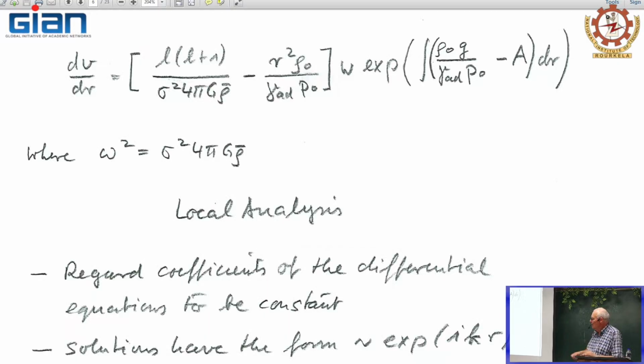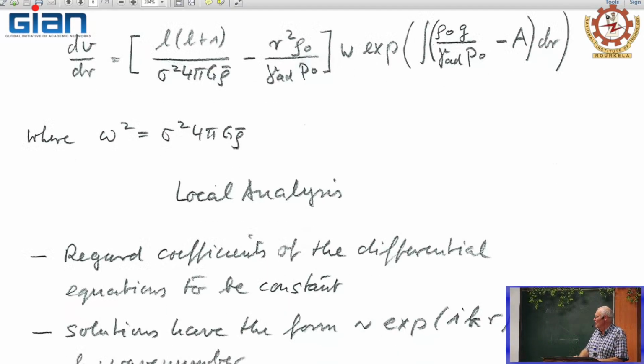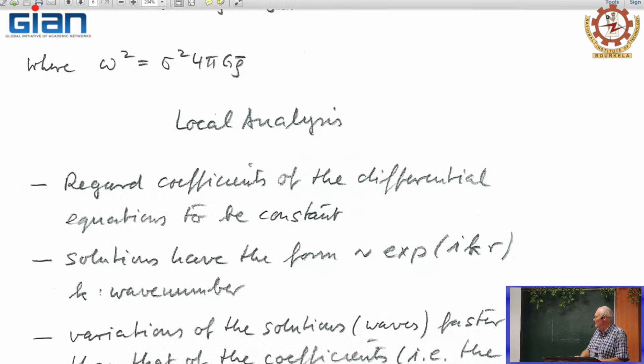So this approximation tends to consider short wavelengths, small, highly varying variations within the wave compared to the background, for instance the variation of pressure compared with that of the wave.